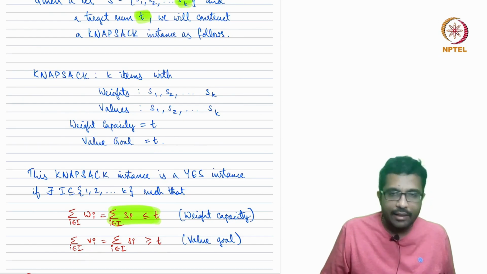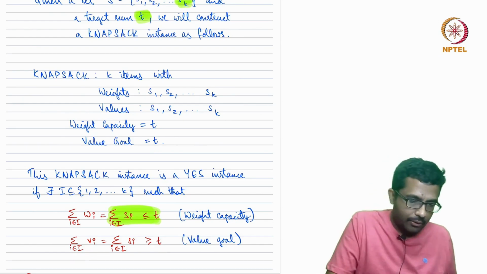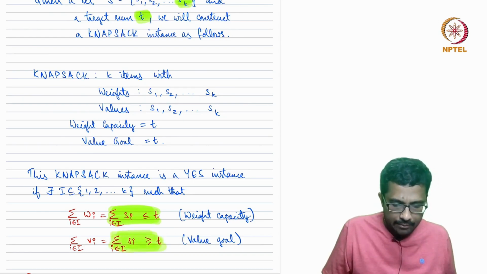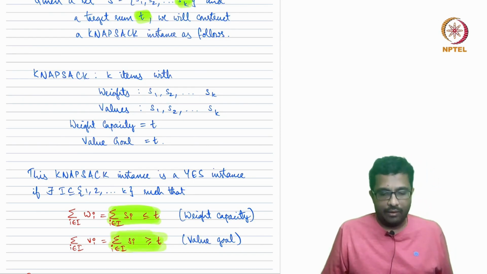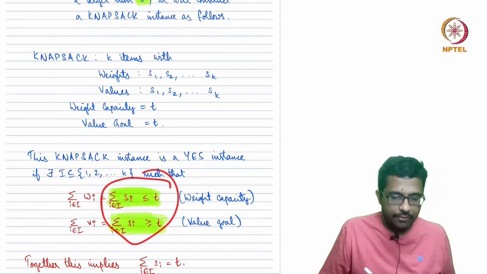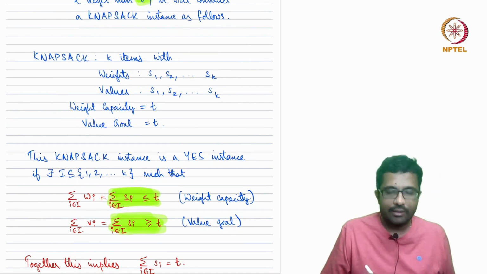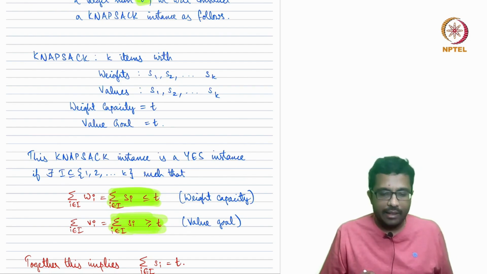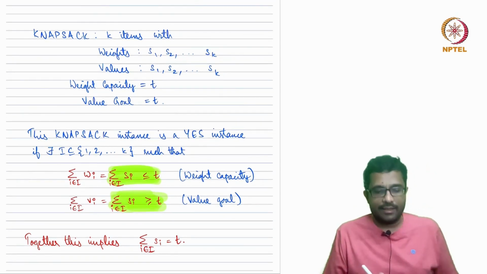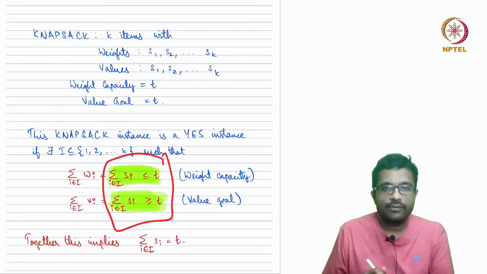The values are actually S1 to Sk. So that gives us that the summation of Si over the selected items should be at least T. So now we have two inequalities. One of them says the sum of the Si should be at most T, and the other one says the sum of the Si should be at least T. So combining, if the knapsack instance is a yes instance, both of these must be satisfied.